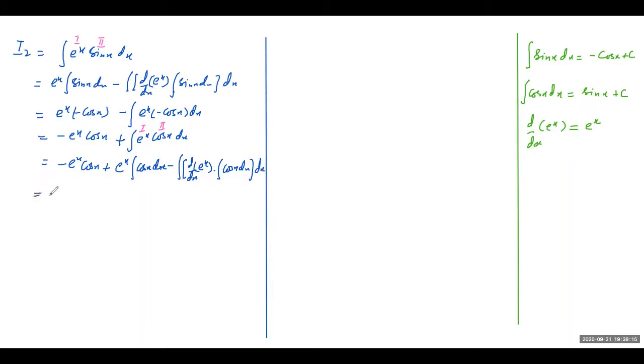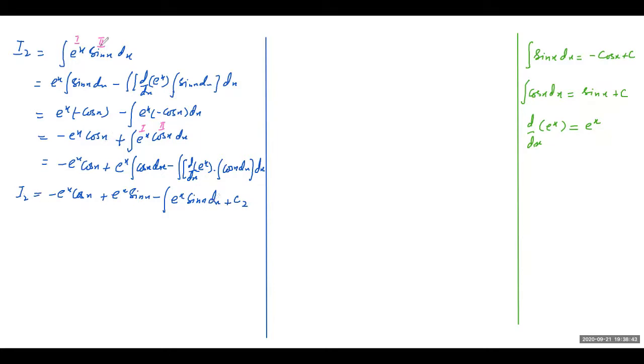So I get minus e^x cos x plus e^x sin x minus integral e^x, and integral of cos x is sin x dx, and I know it is the last performed integral, so I am using a constant of integration, and you will see in the next two steps why it is the last performed integration.